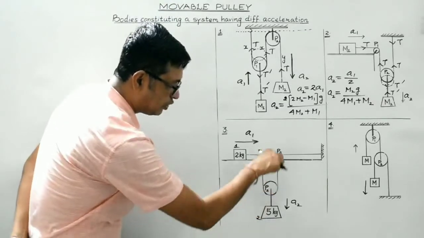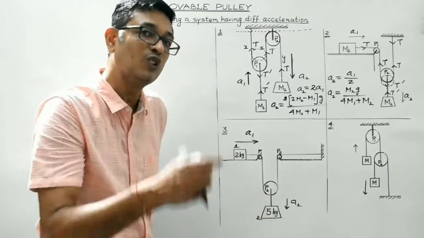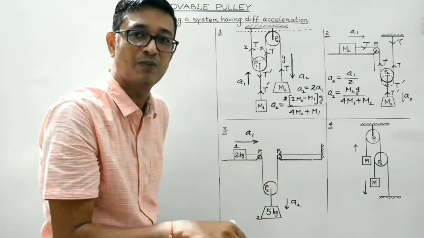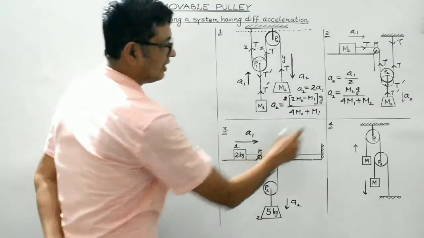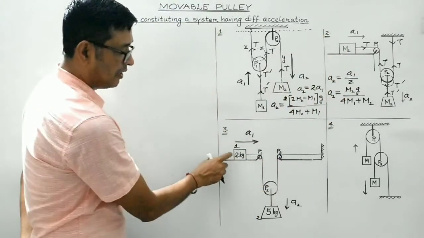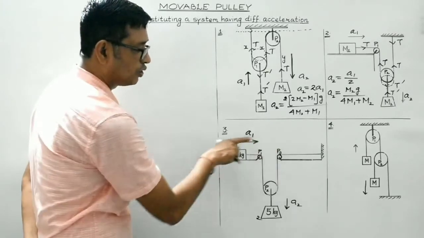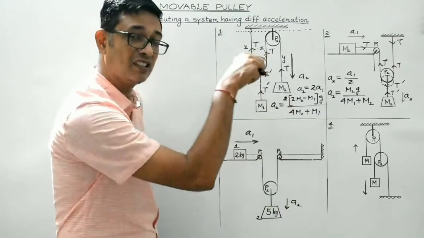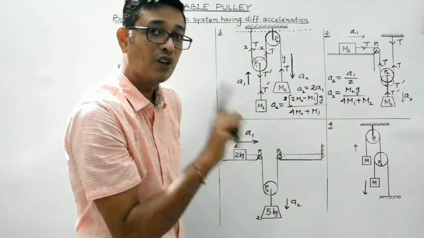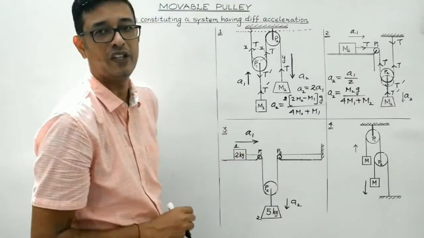Now since pulley P2 will get displaced by a distance of 1 meter, therefore the body of mass 5 kg will also get displaced in the downward direction by a distance of 1 meter. So students, in this case, if the body of mass 2 kg covers a distance of 2 meters towards right, then the body of mass 5 kg will cover a distance in the downward direction of only 1 meter. That is half the distance covered by the body of mass 2 kg.